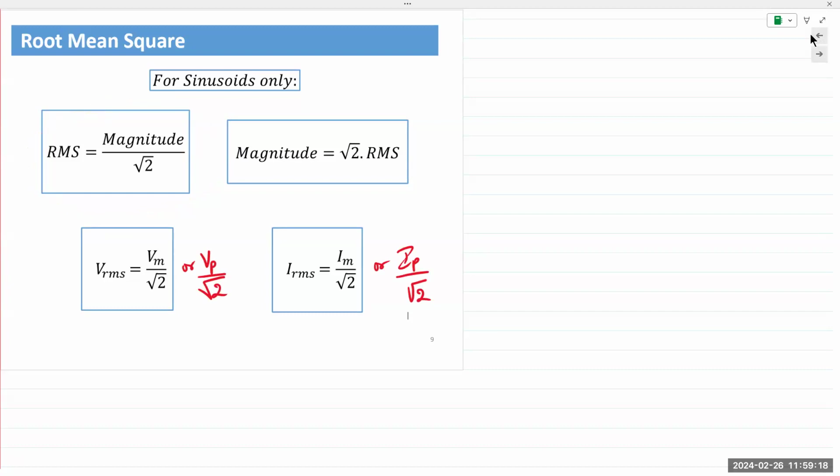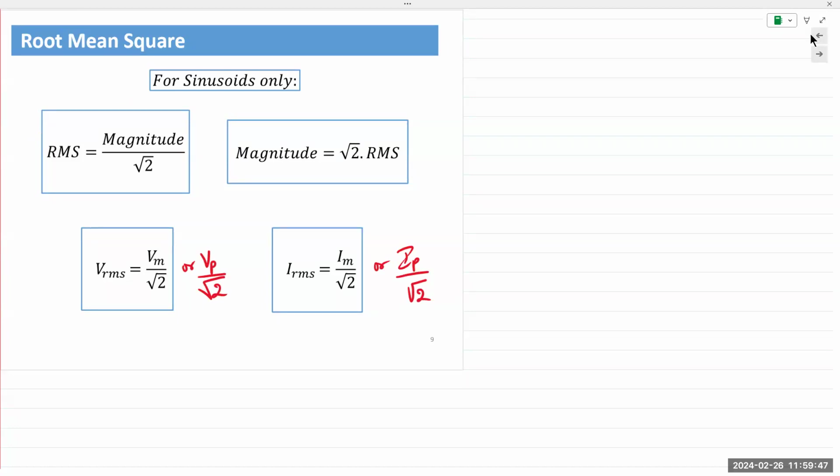This is true only for sinusoidal functions, meaning sine or cosine. You can directly find the RMS value by dividing the peak value or the magnitude by root 2. This is only true for sinusoidal waveforms, not for any other waveforms. And there is a derivation. If you're interested, just stop by my office and I can show it to you in the book.